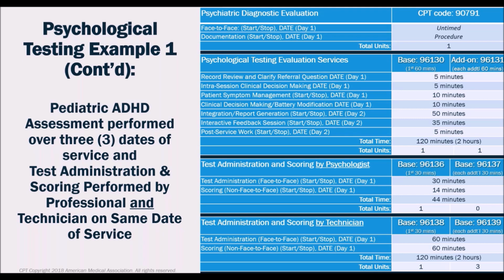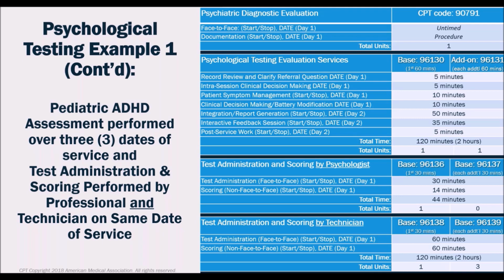So in this particular case, after the initial interview, the patient came back, and the psychologist spent 44 minutes with test administration and scoring. If you look in the box to the right, you'll see the breakdown of what those services were. It's in the test administration and scoring by the psychologist.